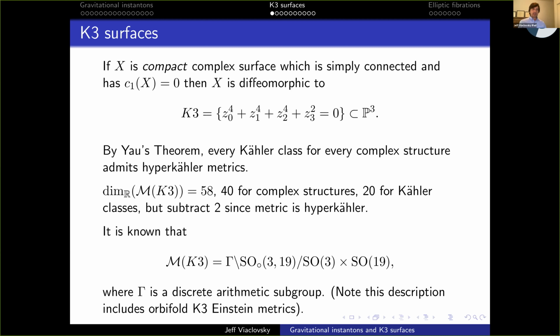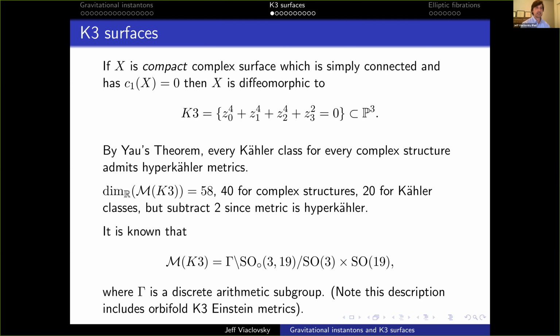So it's known, and this was in Oshima's talk yesterday, that the moduli space is isomorphic to a homogeneous space modulo a discrete arithmetic subgroup, in a Grassmannian. You take the identity component of SO(3,19) mod SO(3) times SO(19), and then you have to mod out by this subgroup.